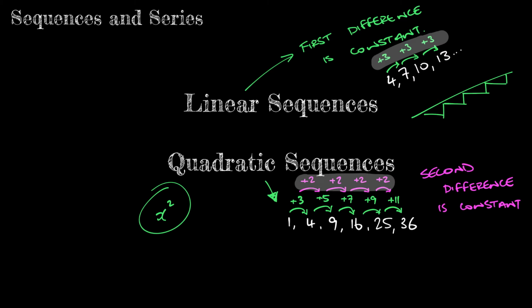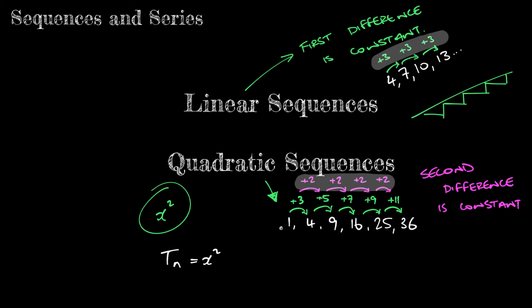When we look at x squared, this is the most basic form. So if you think of it in terms of x squared, let's say we took t of n equals x squared. T of 1 would give us 1 squared, which is 1. T of 2 would give us 2 squared, which is 4, wouldn't it?